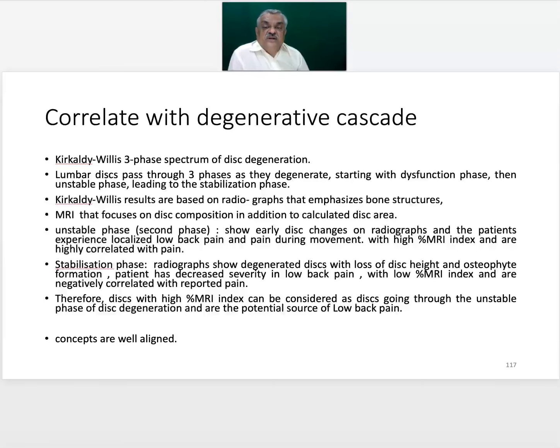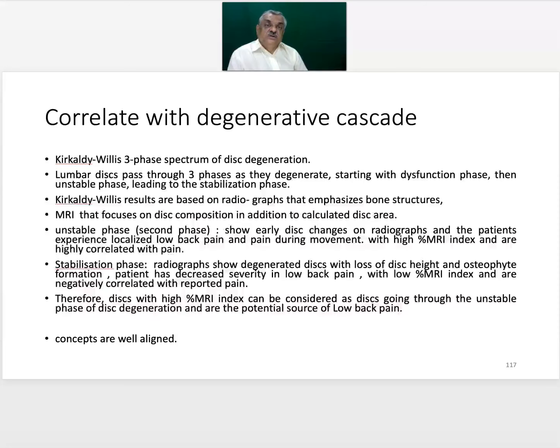As we know, the lumbar discs pass through three phases as they degenerate, starting with dysfunction, then the instability, and then the stabilization phase. The Kirkcaldy-Willis results are based on radiographs that emphasize the bony structures primarily. MRI focuses on disc composition in addition to calculated disc area.